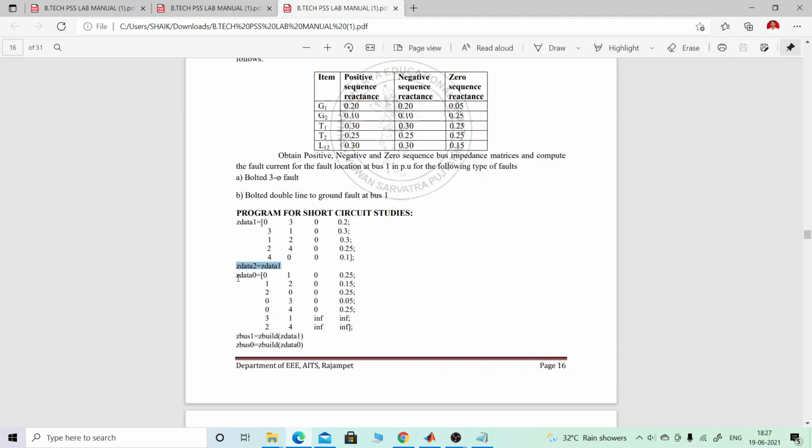Now we go to the values of Zdata0. It has 0 to 1, 0, 0.25; 1 to 2, 0.15, that is the line 1 to 2; 2 to 0, 0.25; 0 to 3, 0.05; 0 to 4, 0.25.